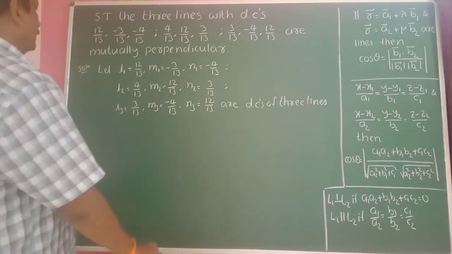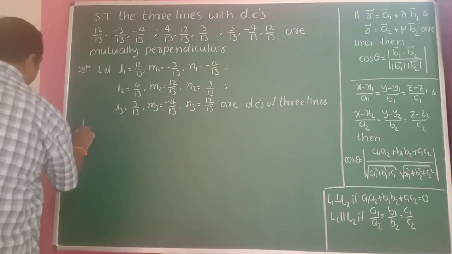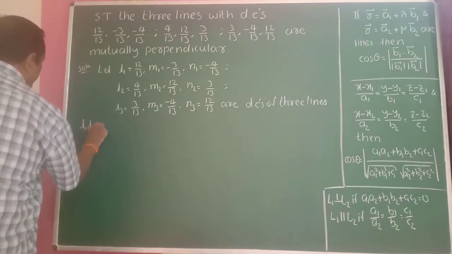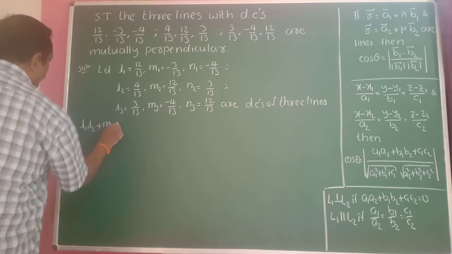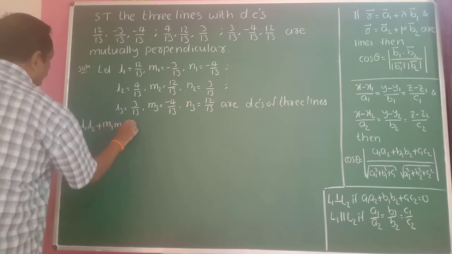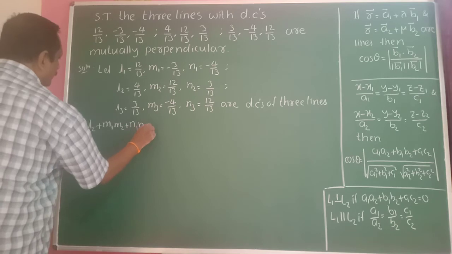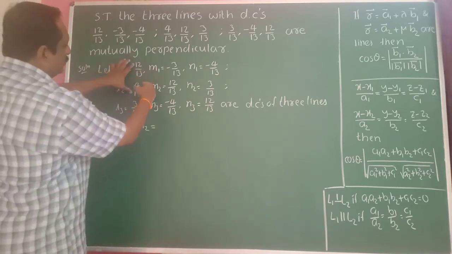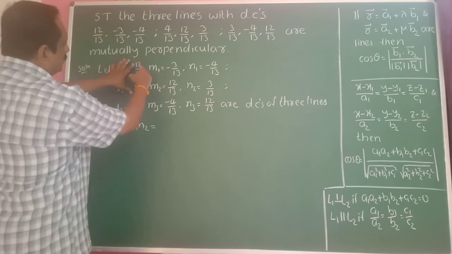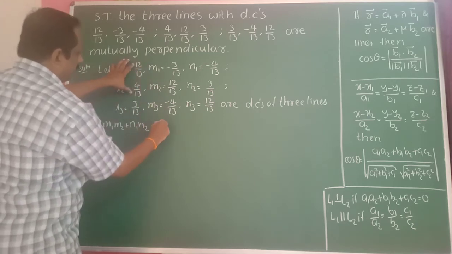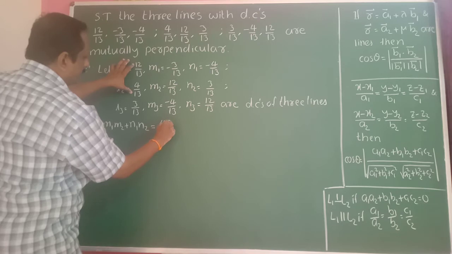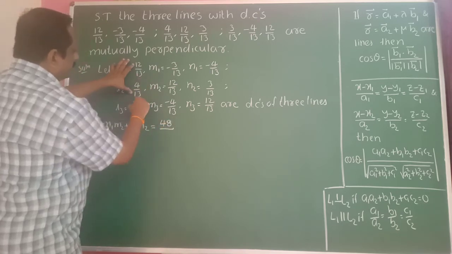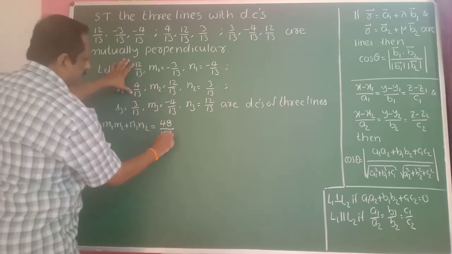Okay. Therefore, l1 l2 plus m1 m2 plus n1 n2 is equal to 12 by 13 into 4 by 13 here. So 12 fours are 48 here, 48 divided by 13 13s, which is 169 here.